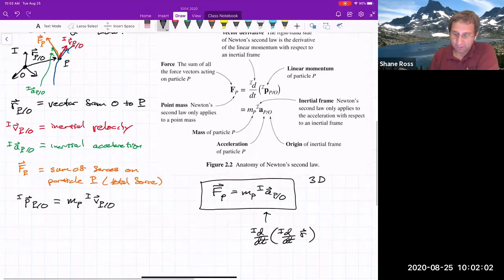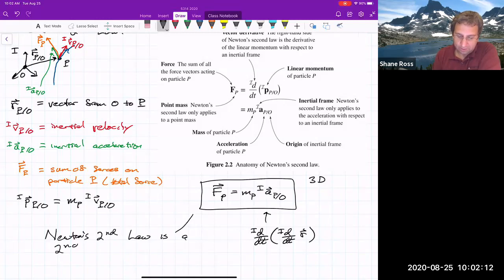So Newton's second law is a second order ODE for the 3D position of the particle.